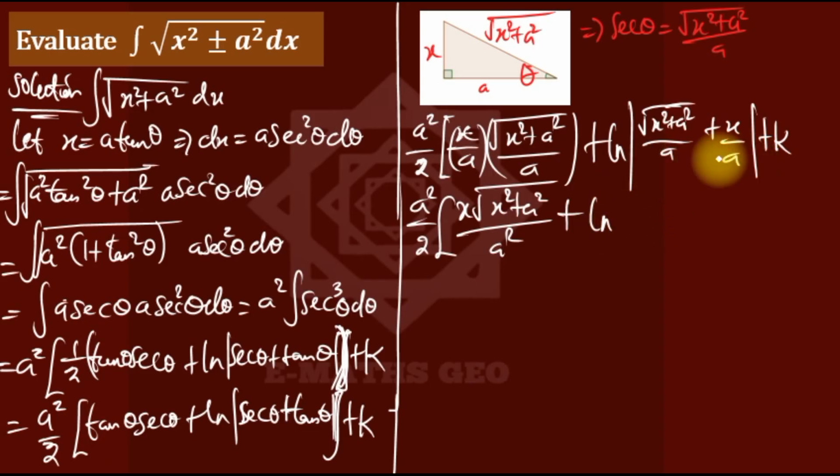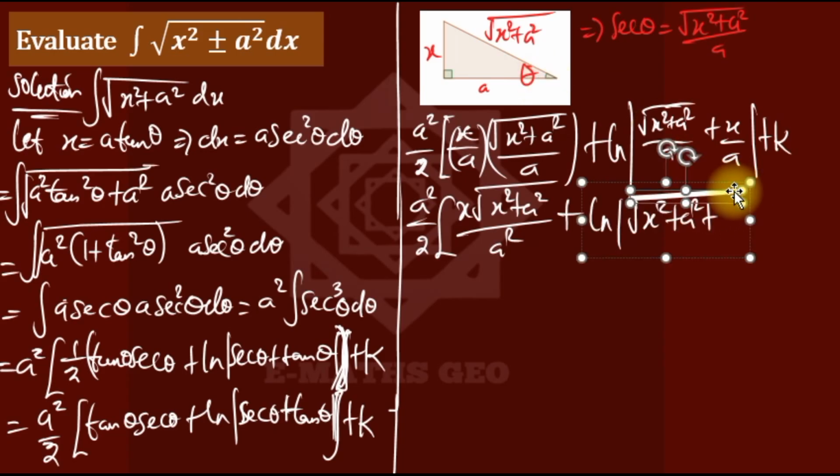So we'll bring the two together, and a is a constant, and ln of a constant is a constant, so we just write the square root of x squared plus a squared plus x plus k.